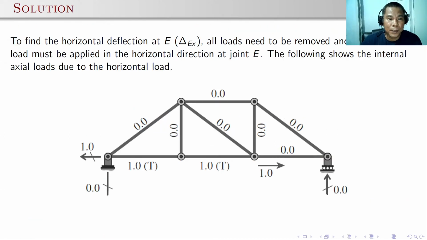Also, to find the horizontal deflection at A, that is delta EX, all loads need to be removed and a unit virtual load must be applied in the horizontal direction at joint E. The following shows the internal axial loads due to the horizontal loading. If you apply the load 1.0 at E horizontally, then you can also compute the internal forces of the truss.